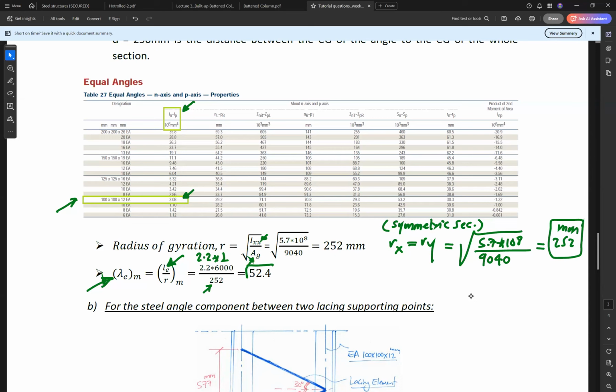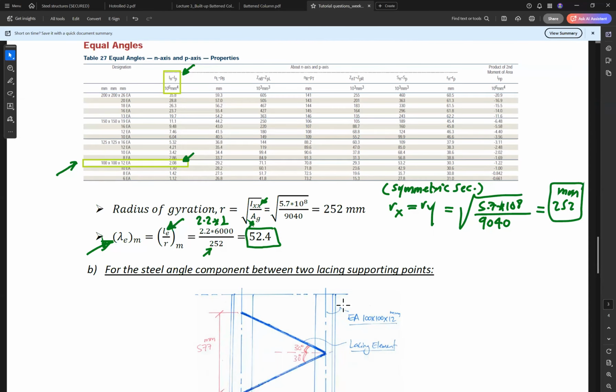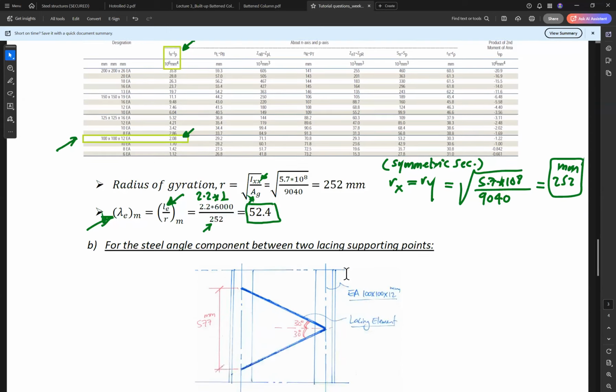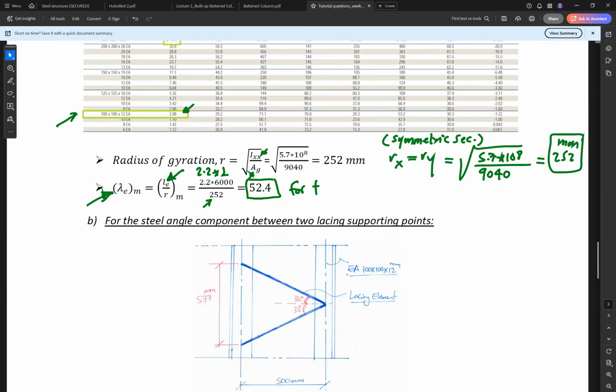This gives us a modified slenderness ratio of 52.4. This is for the whole member. That's why we call it lambda n or lambda e for the member.